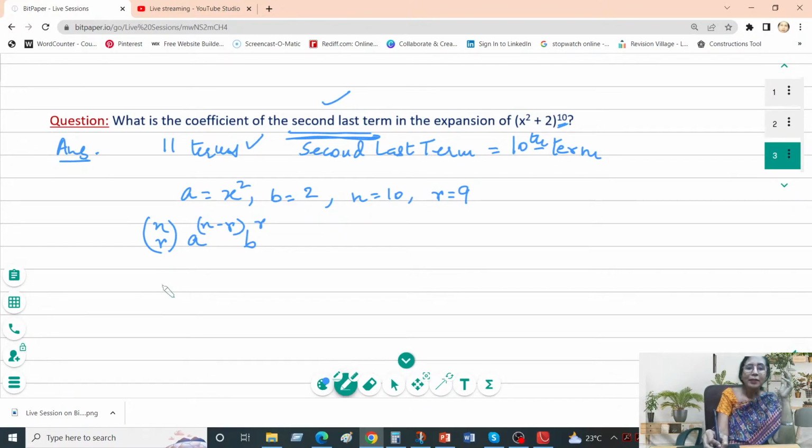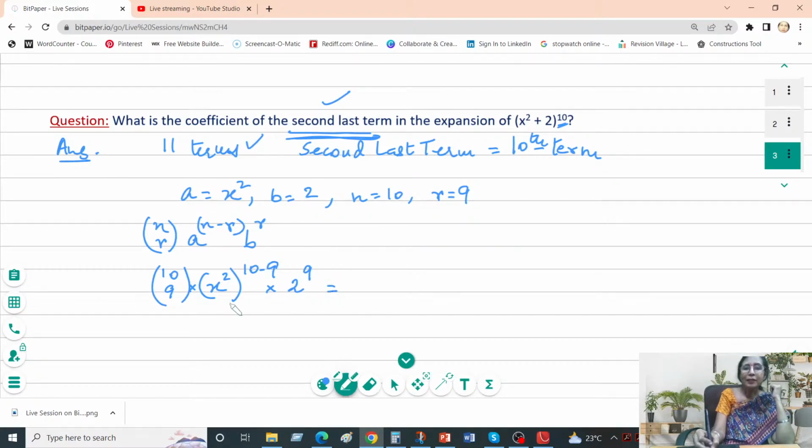It will be 10C9. a is what? x squared, to the power of n minus r, that is 10 minus 9. And there is this multiplication sign in between. b is equal to 2, 2 to the power of r, so 2 to the power of 9.